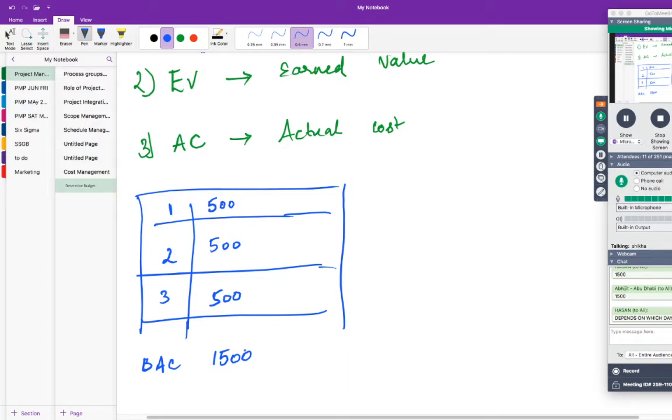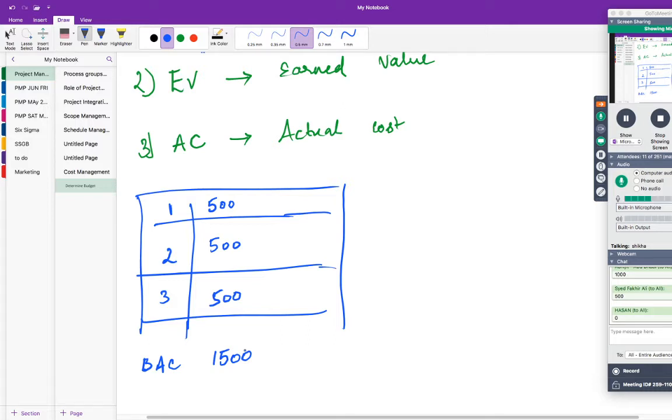That is what you have to ask. If I ask what is the planned value on day 2, what is your answer? 1,000? I did not ask planned value as on the second day. I asked what is the planned value of the second day. Then your answer should be 500.